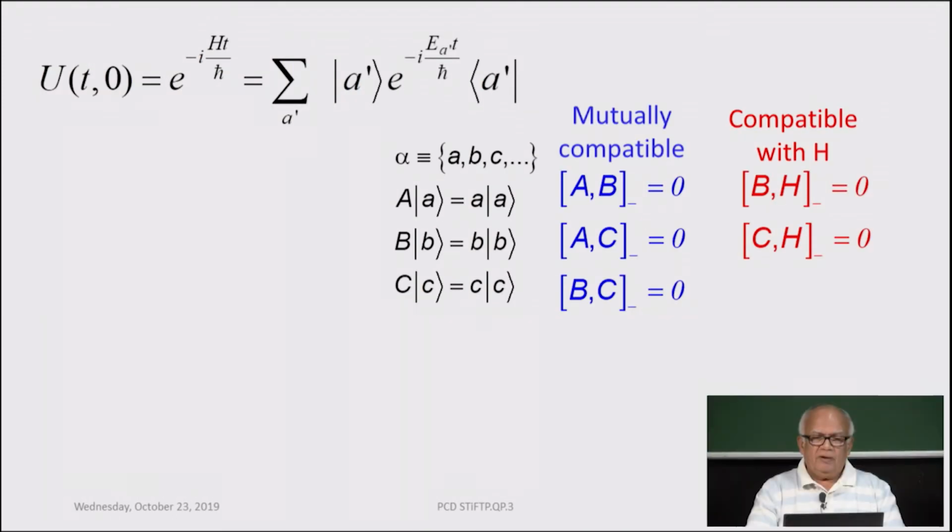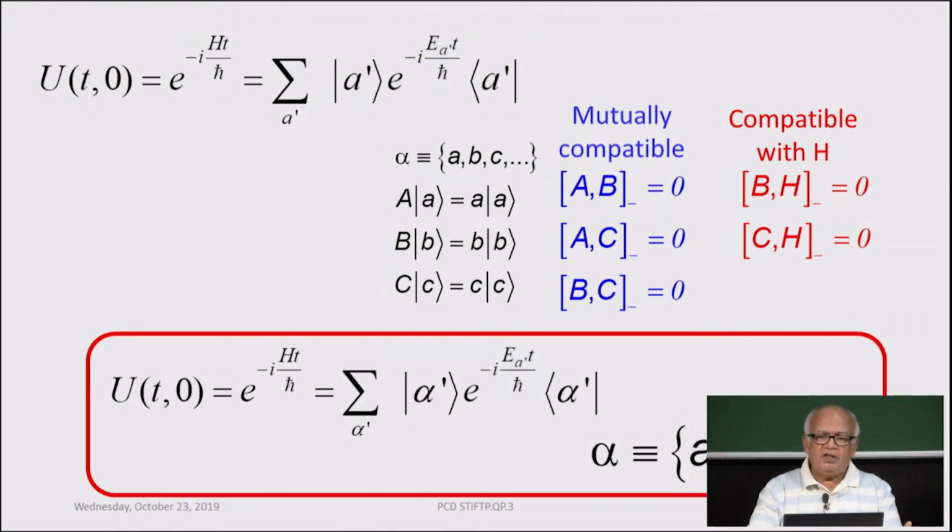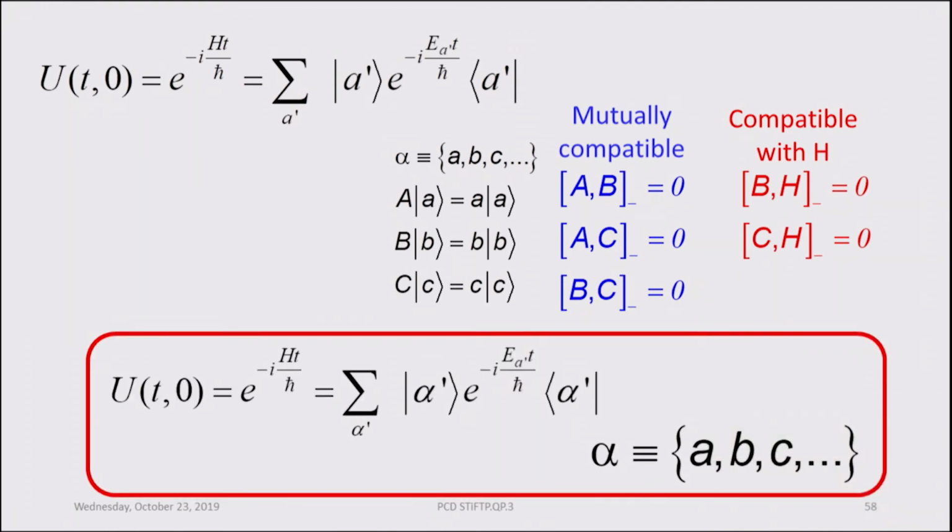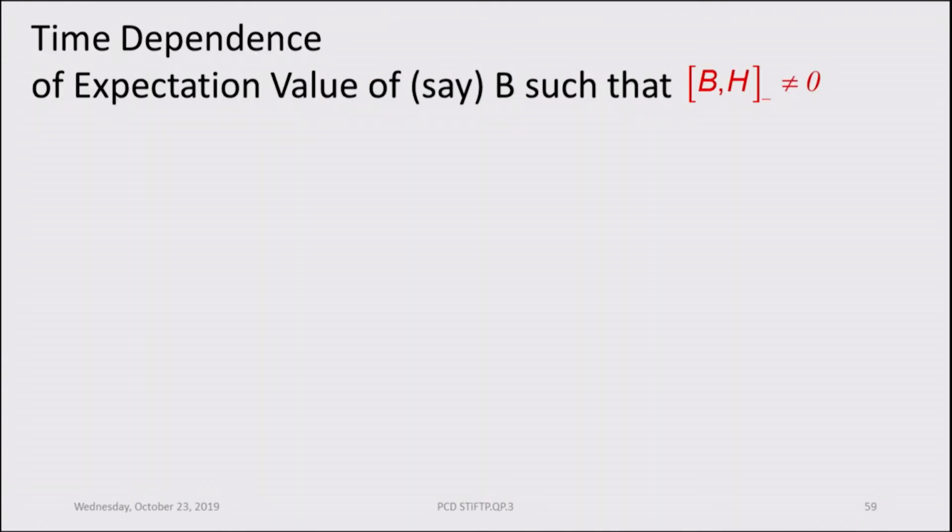So, you can carry out a measurement on pure states of operators or measurements which are compatible with the measurement of energy, which are denoted by operators which commute with the Hamiltonian, because commuting operators have got simultaneous eigenstates, non-commuting operators do not have simultaneous eigenstates. So, they cannot be diagonalized in the same basis.